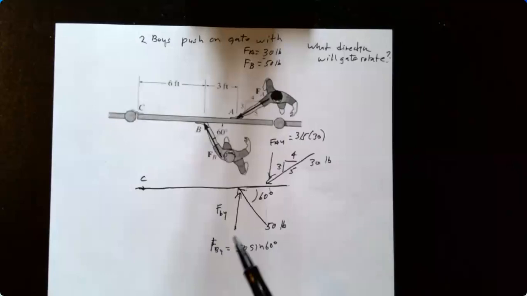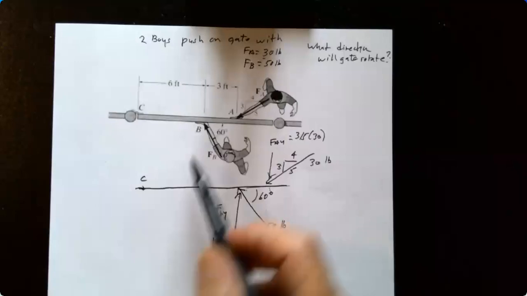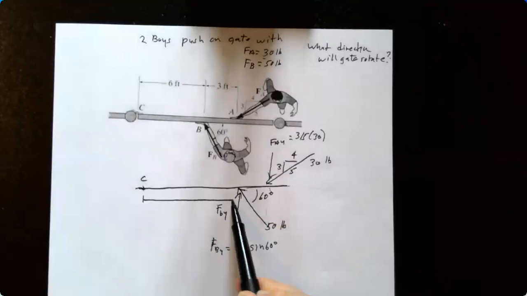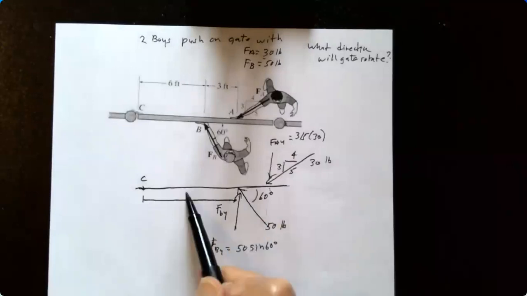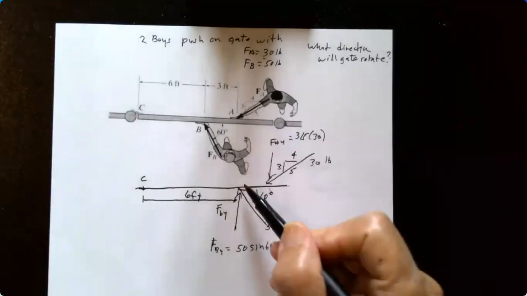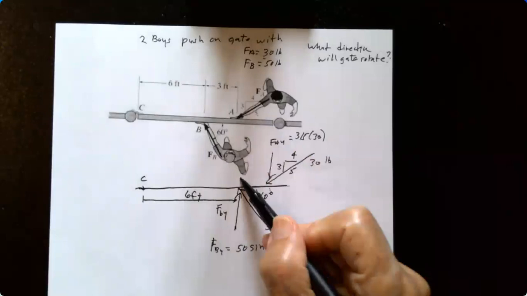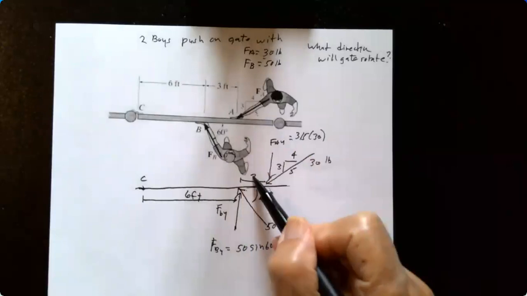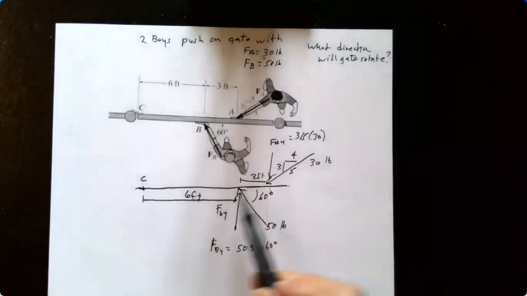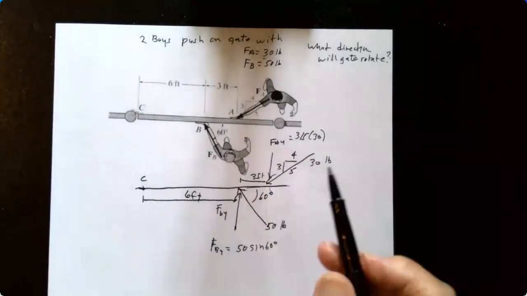The moment arm, 6 feet. And then it's an additional 3 feet from here. So the total distance out to the F sub A is going to be 6 plus 3 or 9 feet.